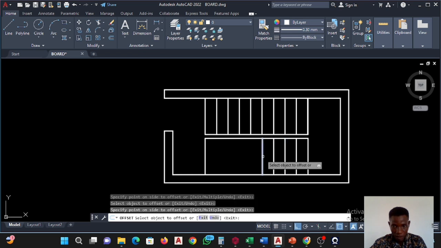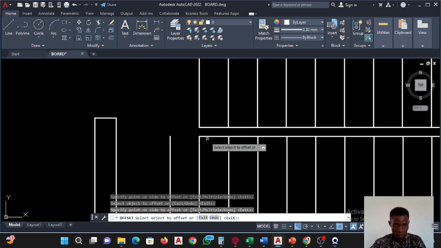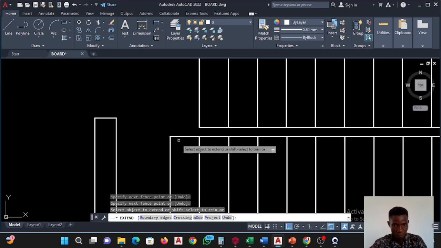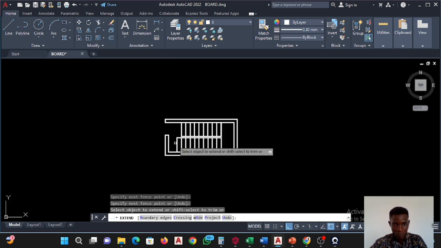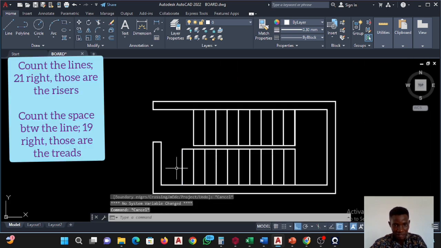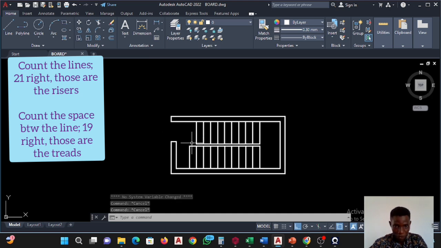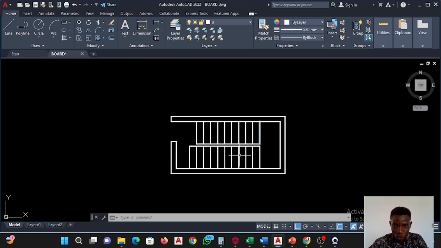Then you will add 1 to the top. No, this plan is for the ground floor. Then I can just add this, I can extend this. So if you look at it, this landing is now shorter. But this is from the ground floor. We don't know what is on the first floor.